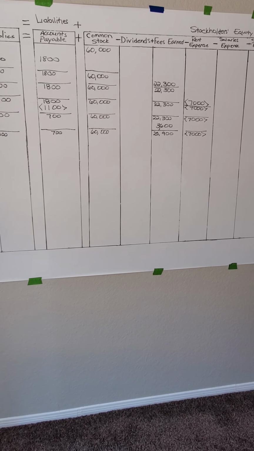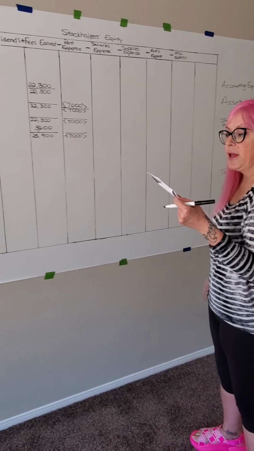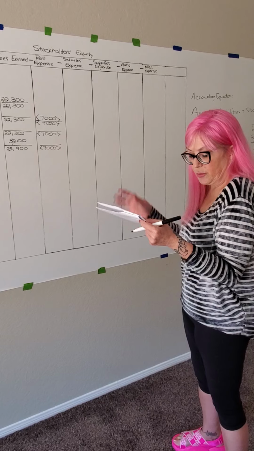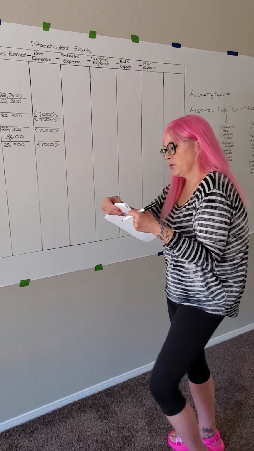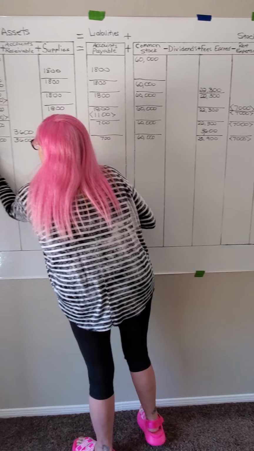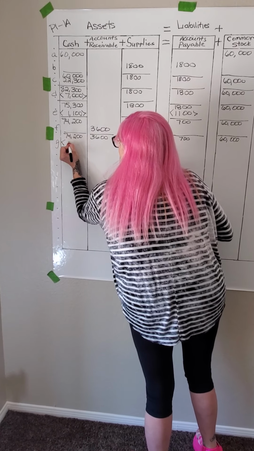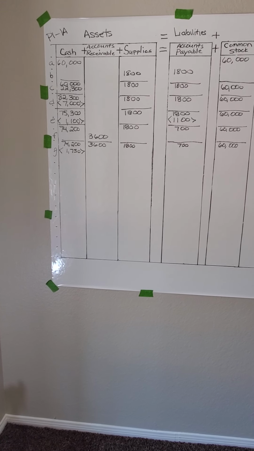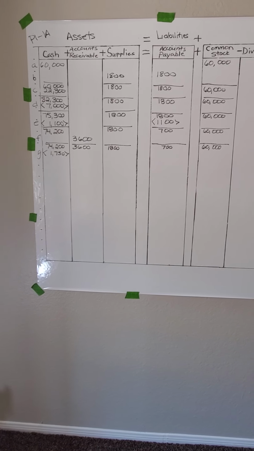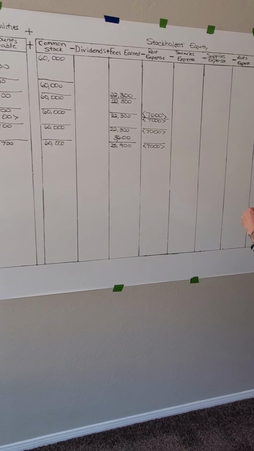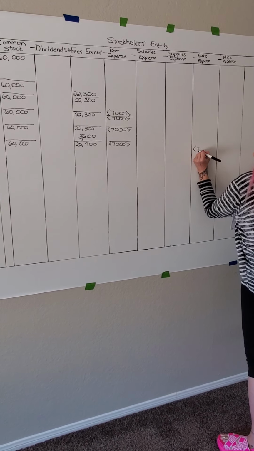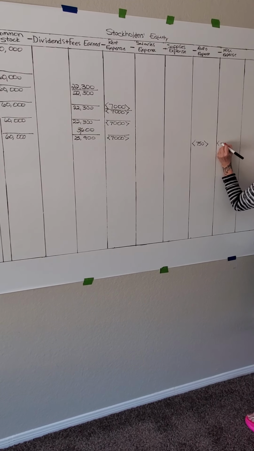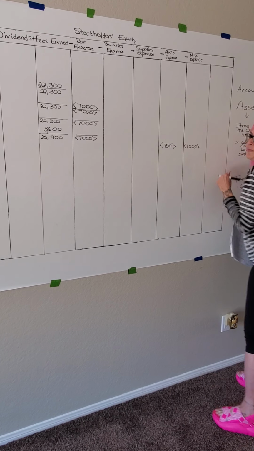Now we're going on to G. We paid automobile expenses for the month, $750, and miscellaneous expenses for $1,000. So we're going to combine that, and I'm going to reduce cash by $1,750. But then we're going to split it up because part of that was for my automobile expenses for the month. So $750 was automobile expenses, and then $1,000 of that was for miscellaneous expenses.